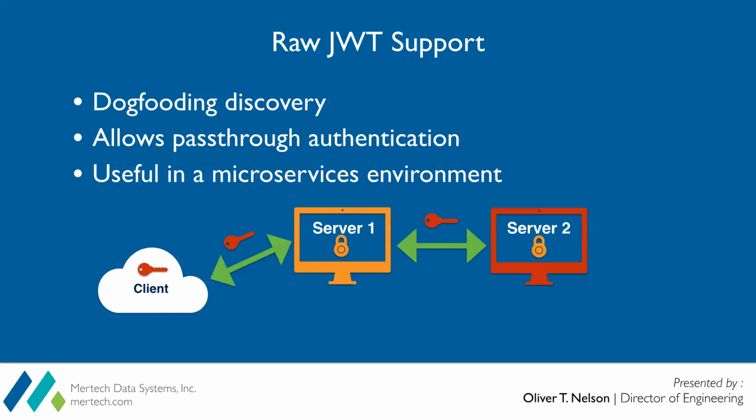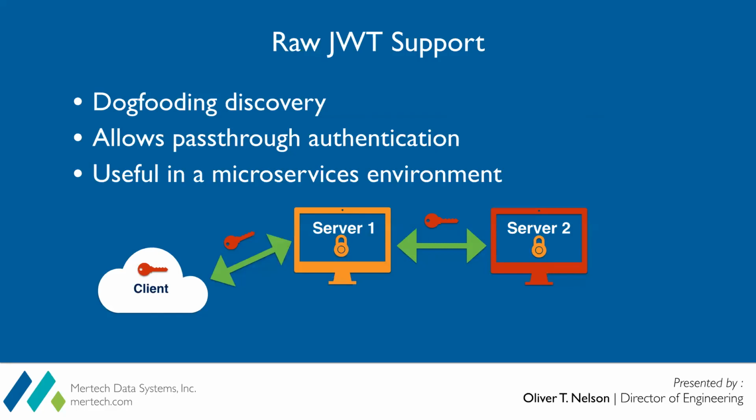Well, with our raw JWT support, that token can be passed in its original form, unaltered, onto server 2 for another call, so that that client's rights and authentication and authorization, whatever they had built into that token that is theirs, can be passed on to another server so that they're verified against that second server, and that keeps the client from having to make that second call. Instead, server 1 can make a call to server 2 in that case.